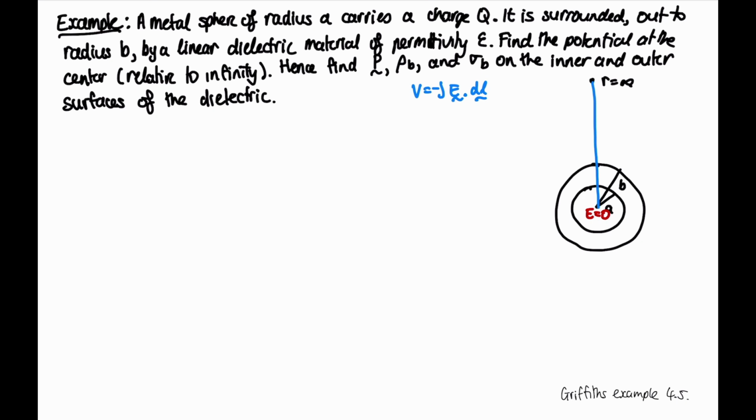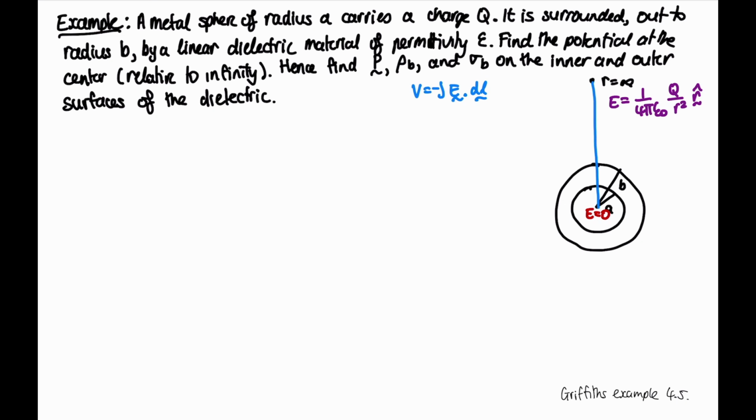Now, the dielectric isn't charged, but it does have bound charges, which give it a polarization, but that is not going to affect the electric field out here. So the electric field out here is just due to the enclosed charge. We know that from Gauss's law. We've seen that lots of times. So hopefully by this stage, you know that the electric field in this region is given by 1 over 4 pi epsilon naught times Q over r squared, in the radial direction.